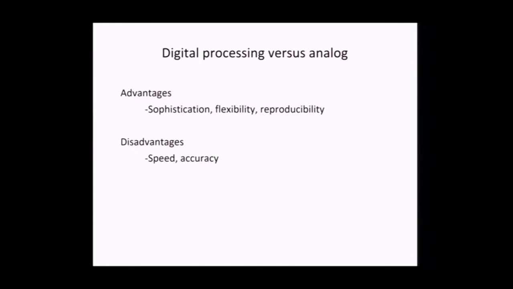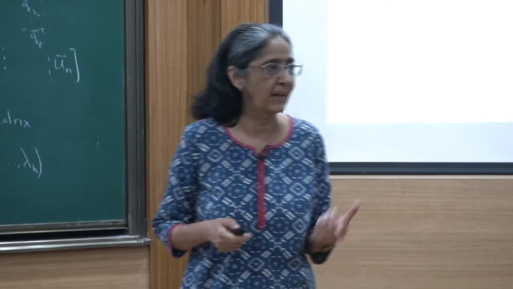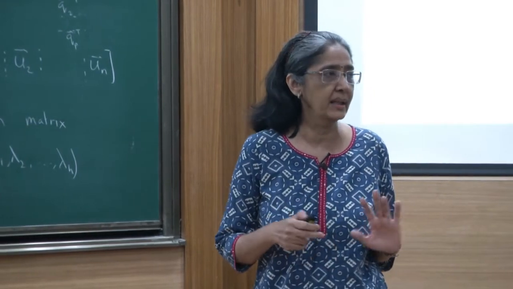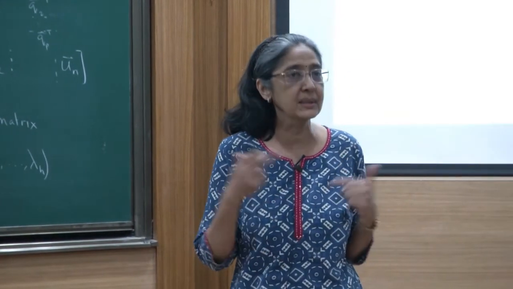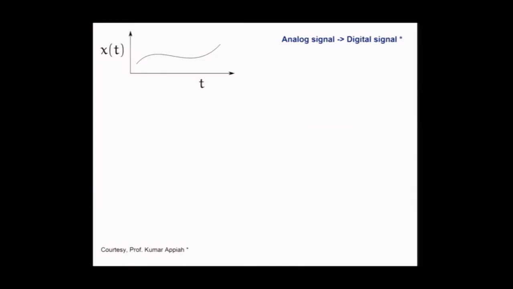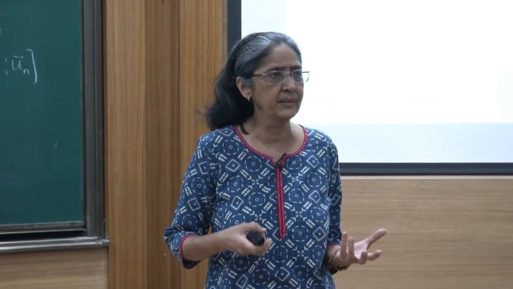Accuracy. Why are we saying accuracy over here? What are we talking about? Quantization. Exactly, the quantization. It's very accurate once you've represented the numbers in a finite word length. But on the other hand, you always have to round up or truncate to make those continuously varying amplitudes fit. For example, here is an analog signal. If we had to convert it to digital form, these would be the samples that we would take, right? Sampling itself is not an operation that really changes the signal.